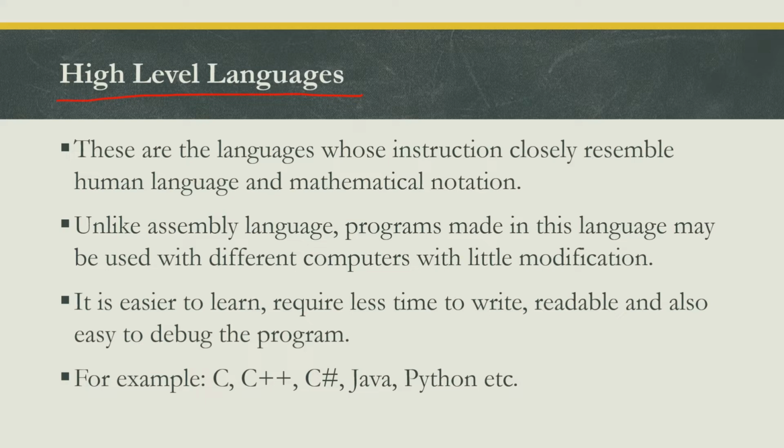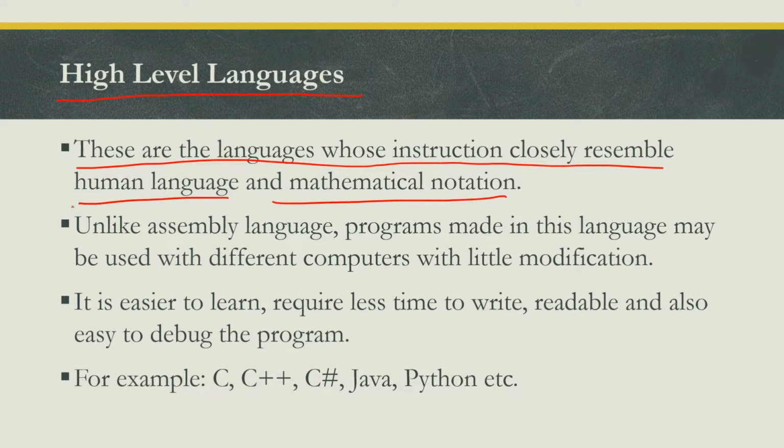Higher level language is similar to your everyday English language, so developers have a lot of fun writing programs using this language and don't have to remember the more complicated processor's own assembly language, that is mnemonics, that is instructions, right? So these are the languages whose instructions closely resemble human language and mathematical notation.